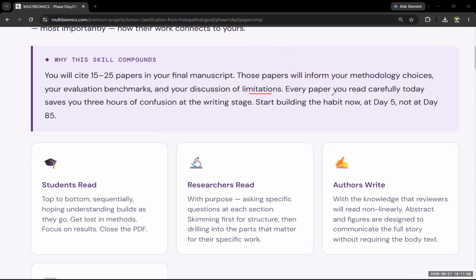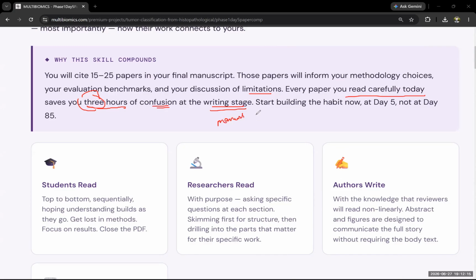Okay, so every paper you read carefully, if you read carefully any day, later on you are saving many hours. It's not like 3 hours, just an example, of confusion when you are writing your manuscript.